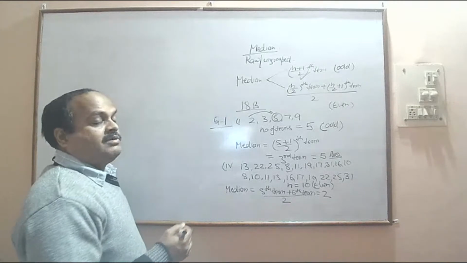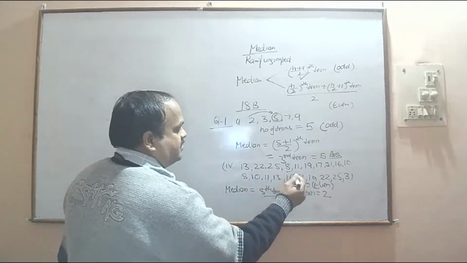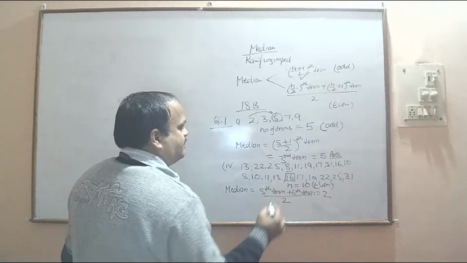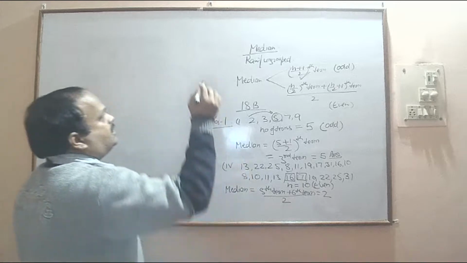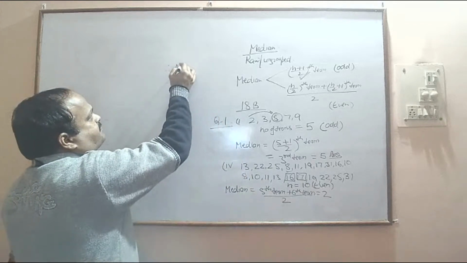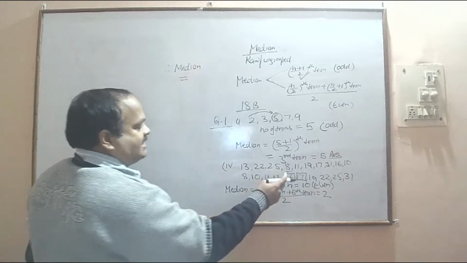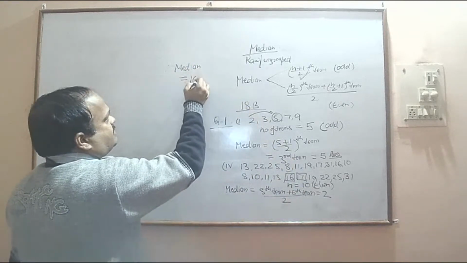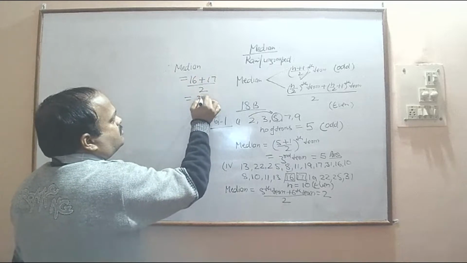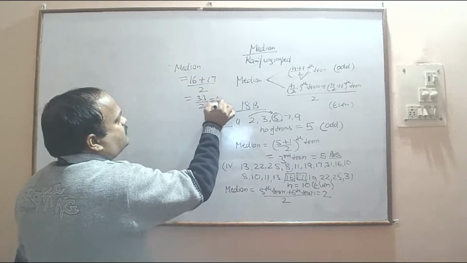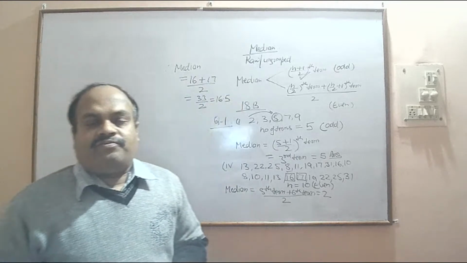So let us see what we have at the fifth place. First, second, third, fourth, fifth. We have 16 at the fifth place and 17 at the sixth place. So therefore the median will be 16 plus 17 by 2, 33 by 2, 16.5.